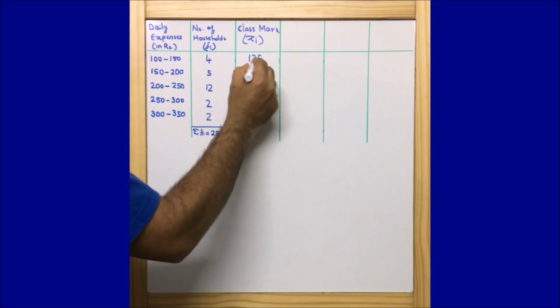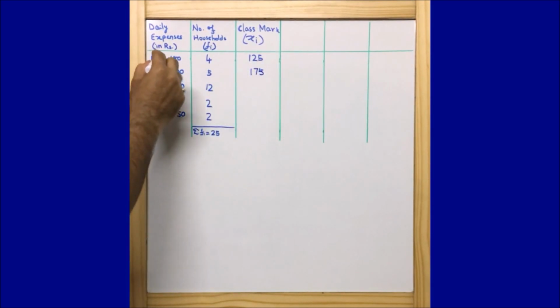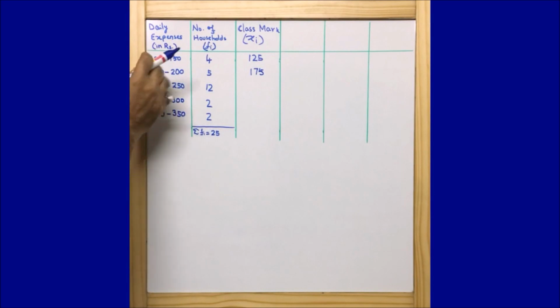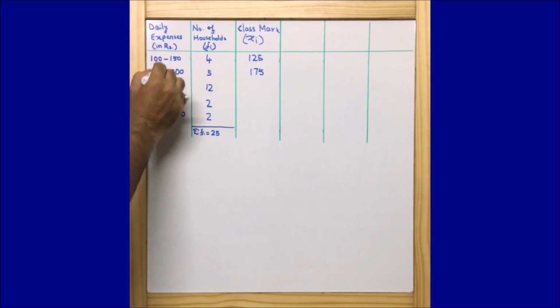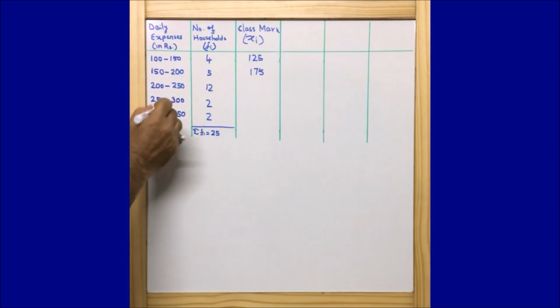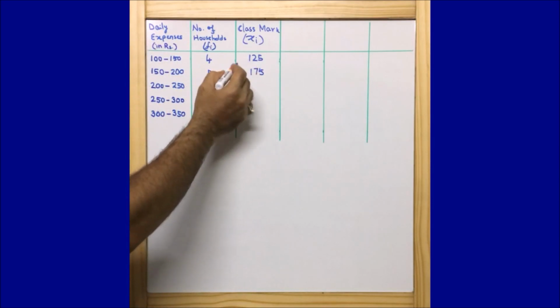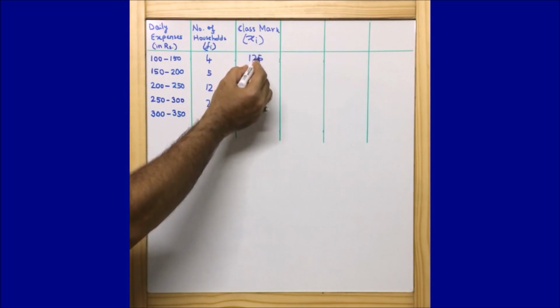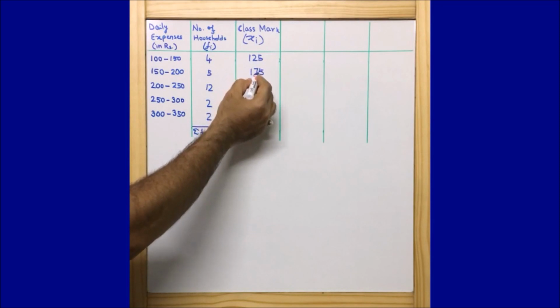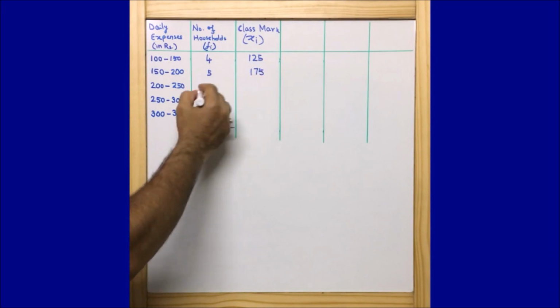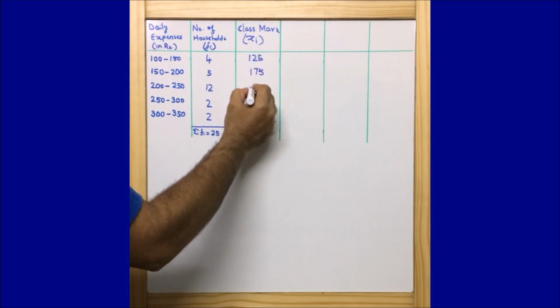Now guys, after finding the 2 class marks, we notice here that the class interval or the class height is consistent, like there is a gap of 50 between the upper limit and lower limit. So we got the first class mark as 125 and the second class mark as 175. You could see 50 gets added. So similarly the next class mark will be 175 plus 50, which is 225.